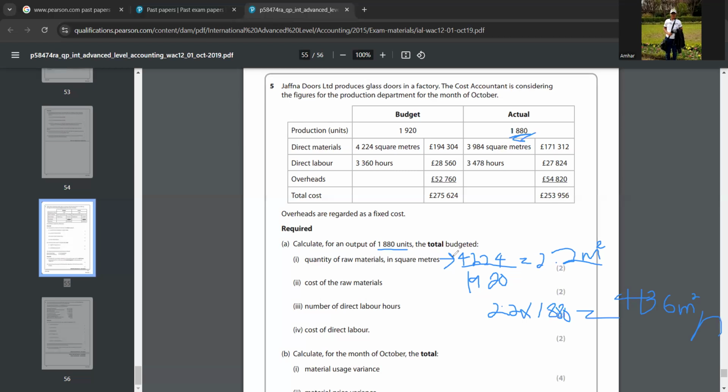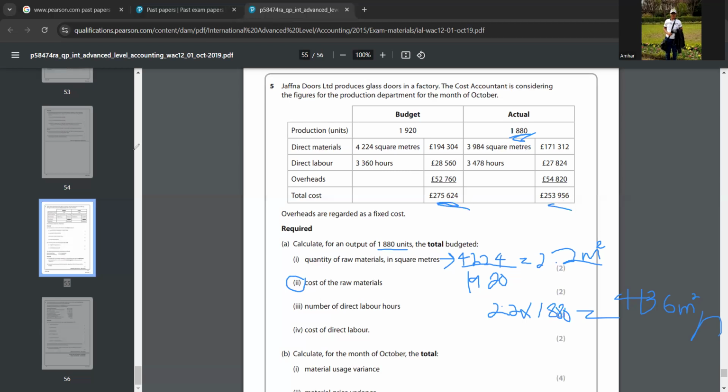And now if you want to find the cost of the raw materials, how will you do this part? Same thing like this. So how will you do this part? Now since you're asking for cost, you need to take the total cost and divide by the number of units. Again, wrong. Total cost means this part, no?